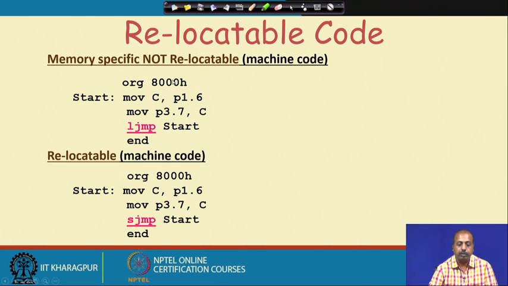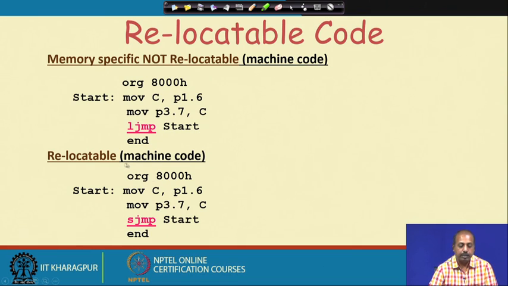Then there is memory relocatable code. This code is memory specific, not relocatable, like LJMP start. It is 8000. Next time the program is loaded from some other address, this LJMP start will not work correctly, as we have discussed previously.